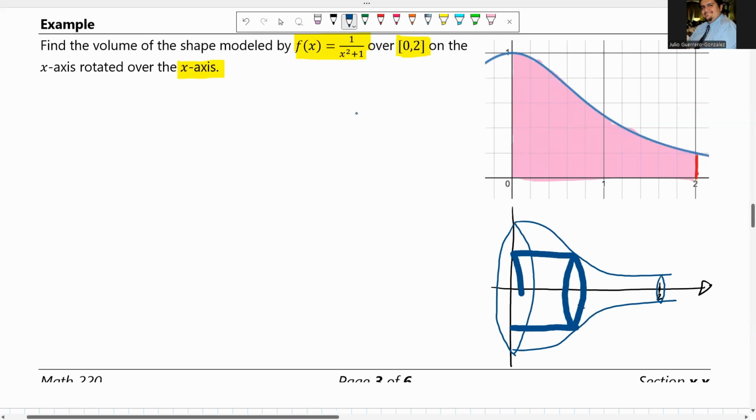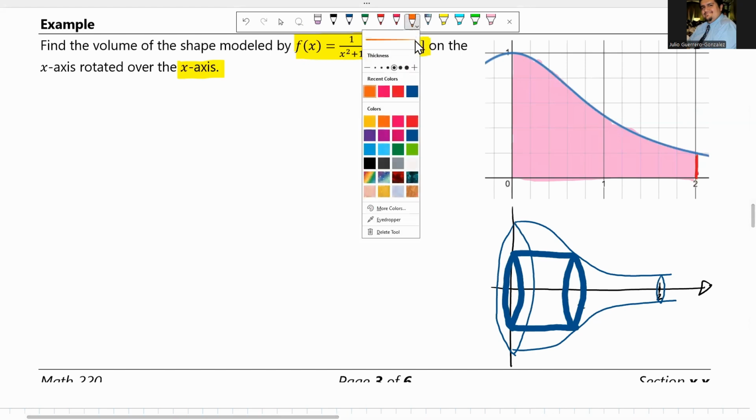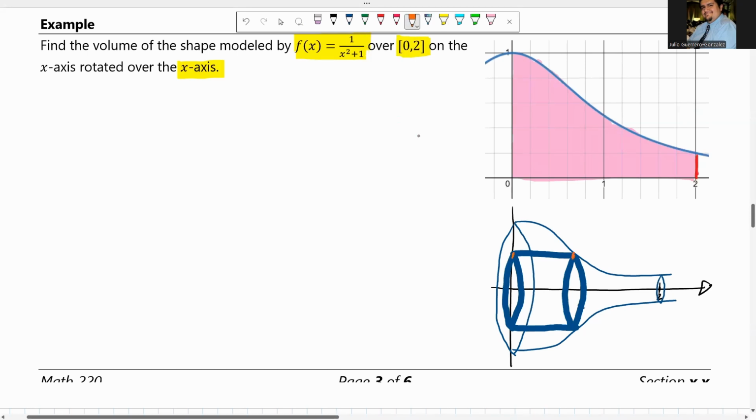Okay. Hopefully you guys see the soda can. It's sideways. Okay. Most importantly, what I want everybody to see is that our soda can has a thickness. I'm going to do the thickness right here. I'm going to do the thickness right here. And this thickness is being given by a dy.